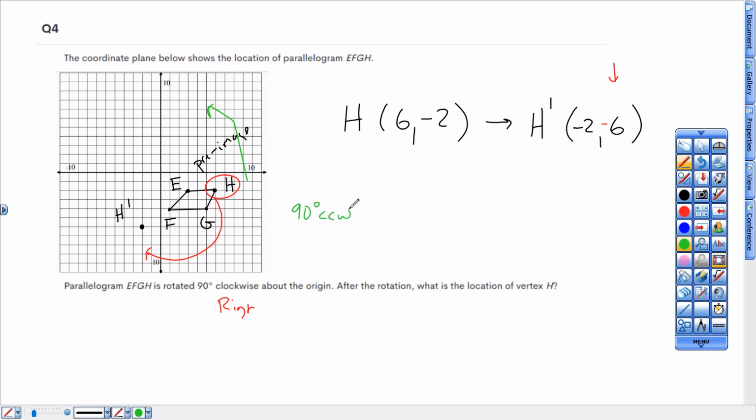I would do that same trick of flipping the points around, but since I'm turning it to the left, after I flip it, it's that left one that becomes opposite. So that becomes the new point 2, 6. So that would be a quarter turn to the left, 2, 6.